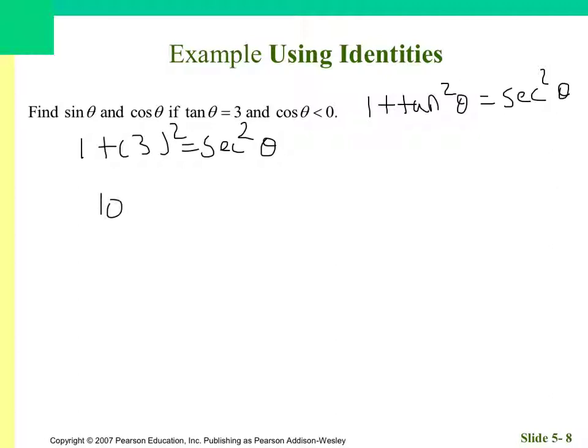So I get 10 equals secant squared theta. Take the square root. So I get positive or negative. I'm going to change this to 1 over cosine.